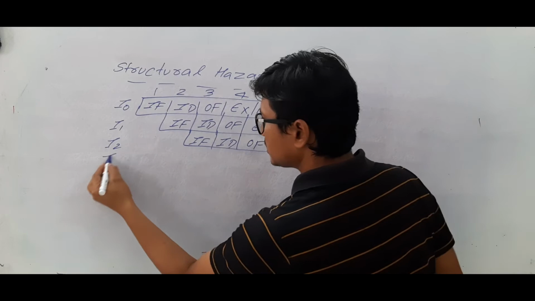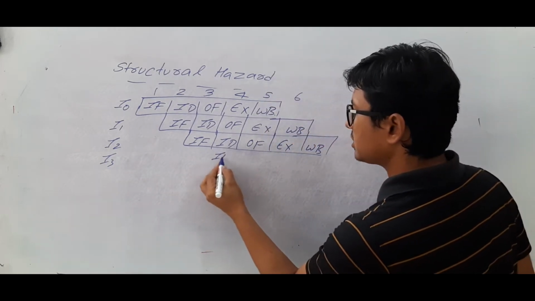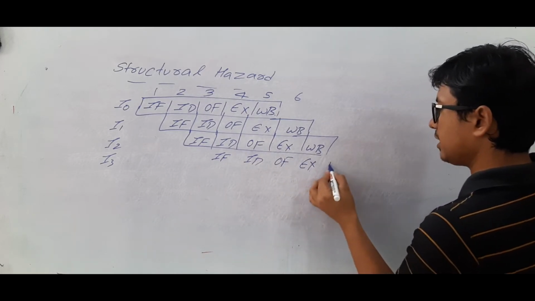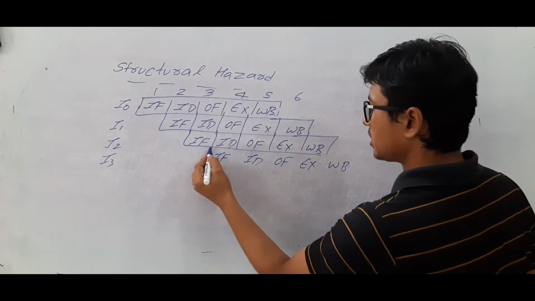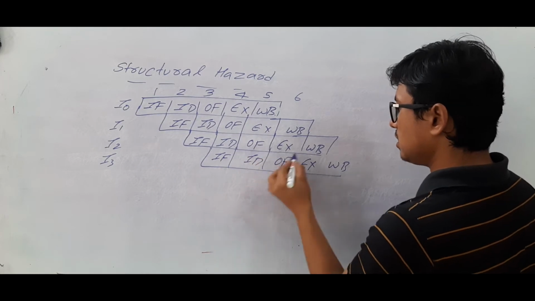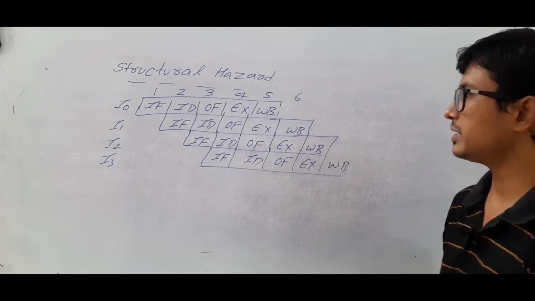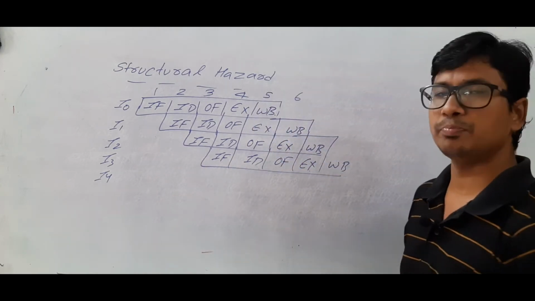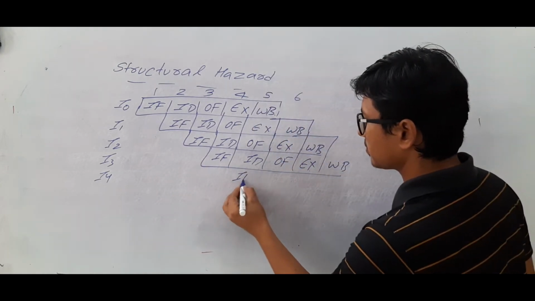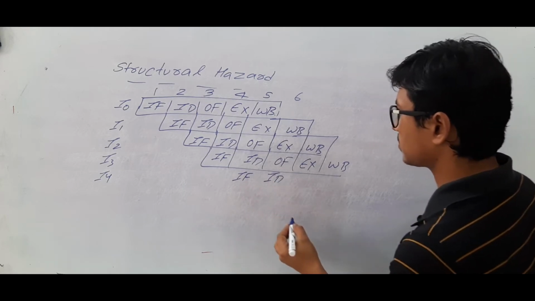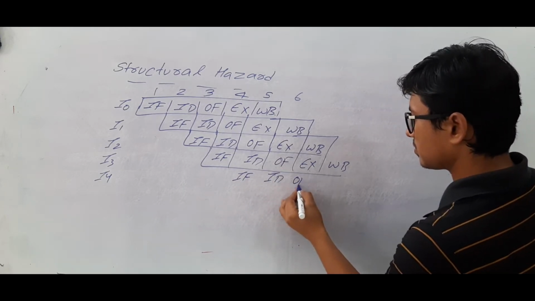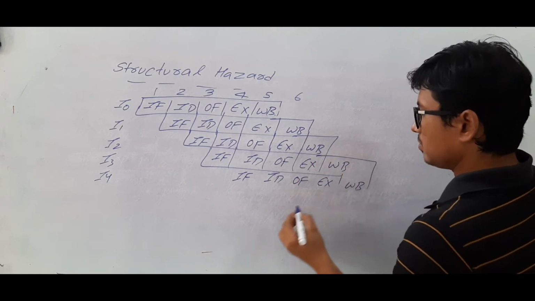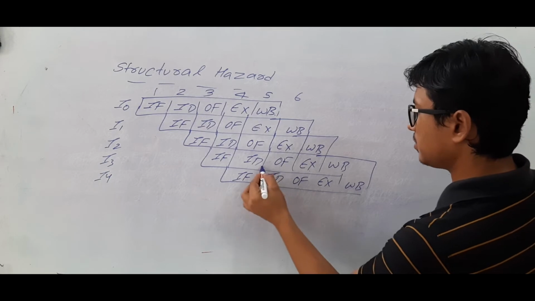Similarly, instruction 3 will perform fetch, decode, operand fetch, execute and write back. I need to bring the resource conflict, so that's why I'm writing these many instructions. I know that you understand how to execute the instructions in a pipeline. Is it clear? Are you able to understand?